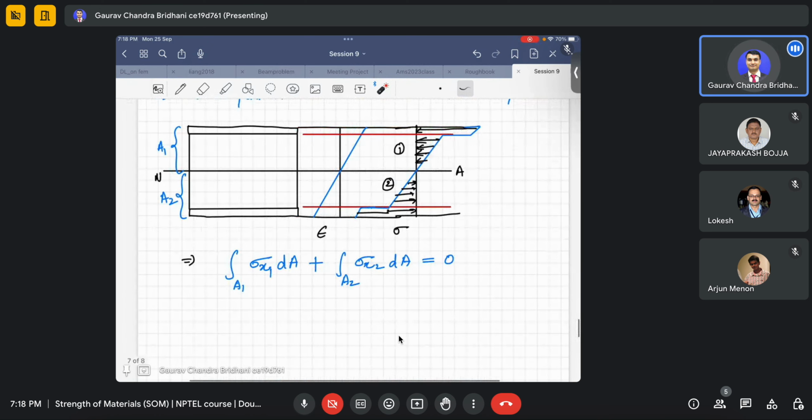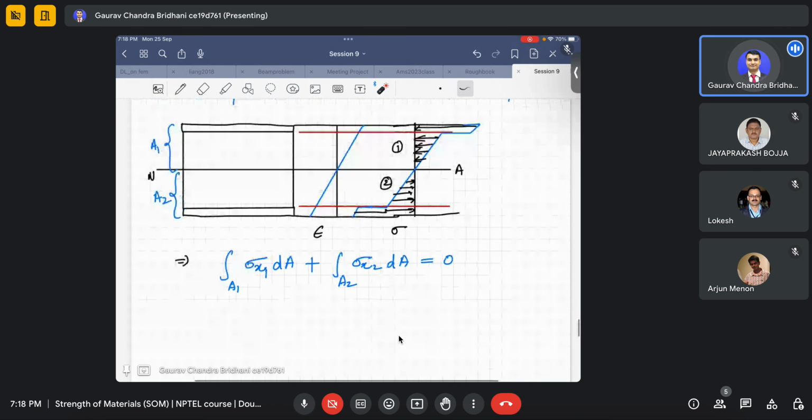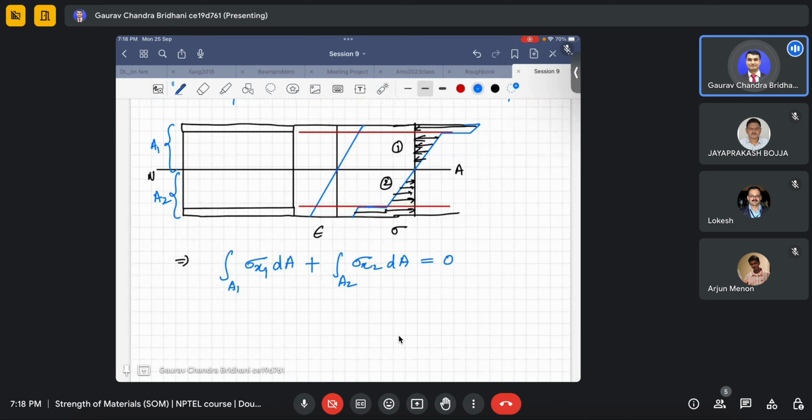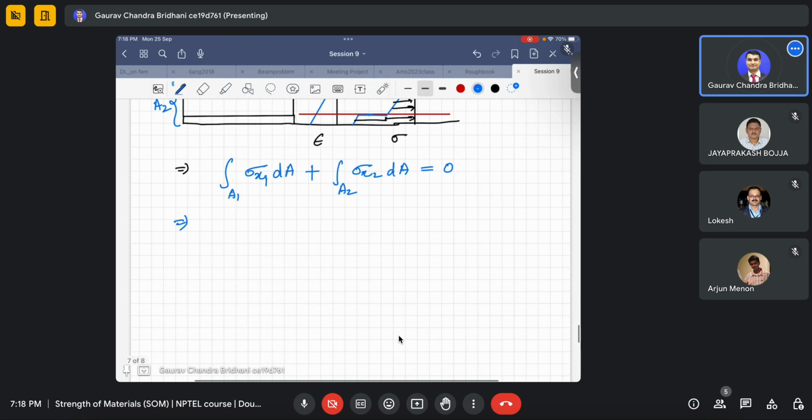Okay. So, when you substitute this in terms of the values of sigma, which we have just seen, what does it finally form? It forms something like this.